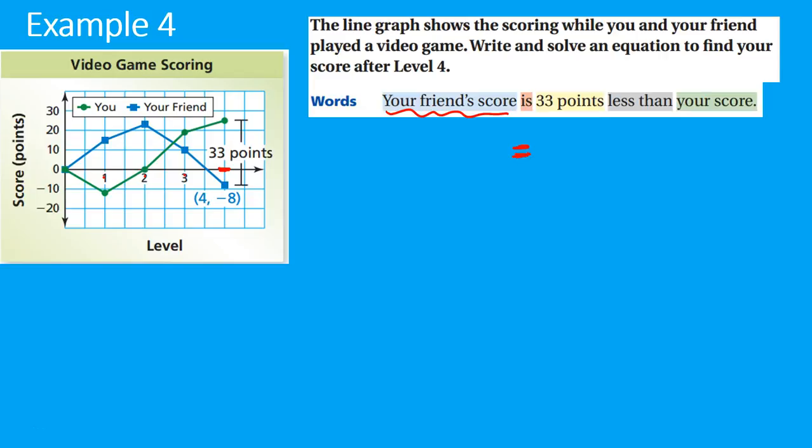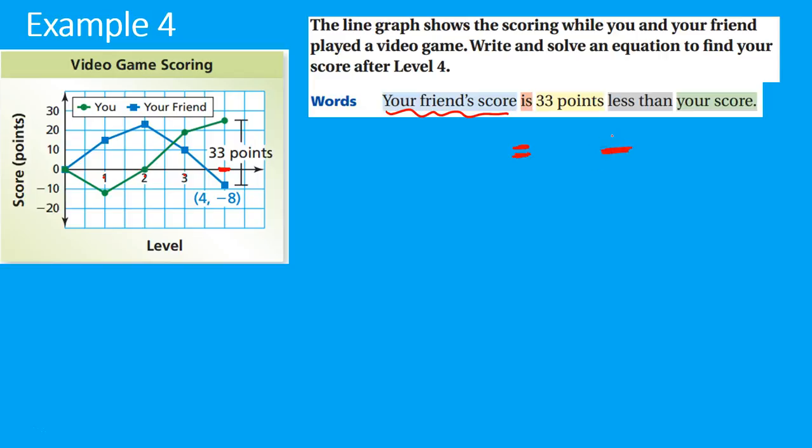Okay, so let's take a look at this graph over here. This 33, that's not how much points you have, and that's not how many points your friend has. That is the difference between your scores. That means somebody won by 33 points. There's a 33-point difference in your scores. So let's put a minus sign.